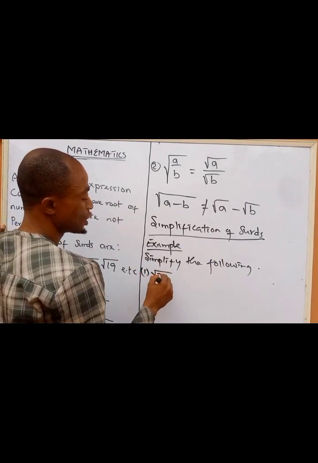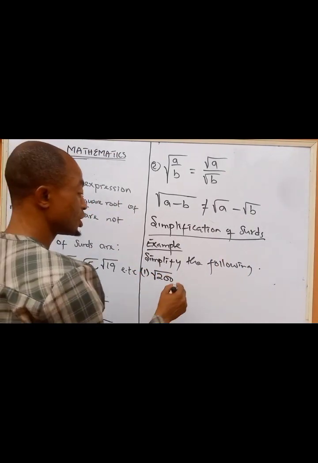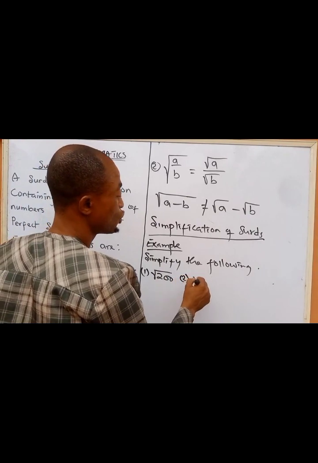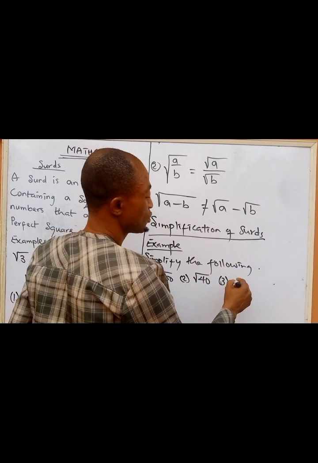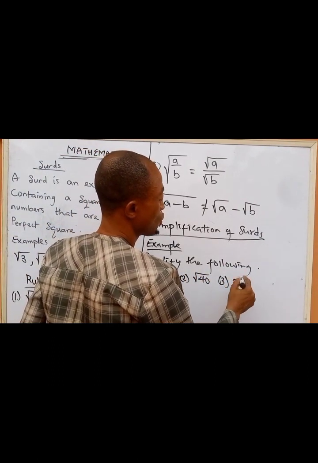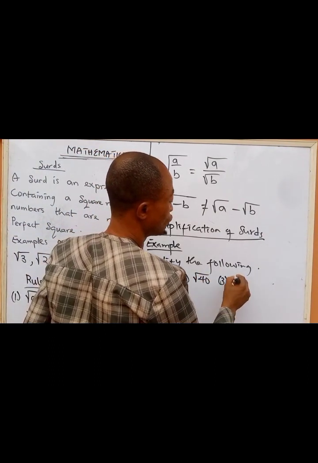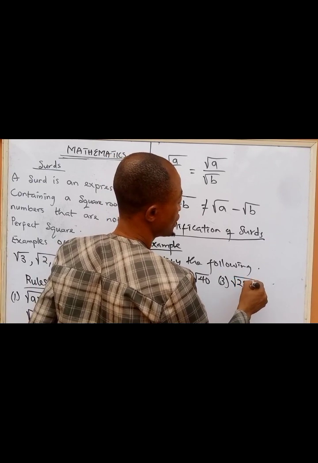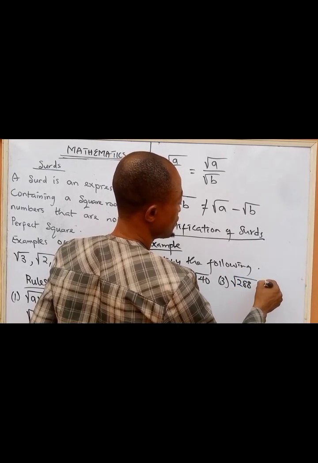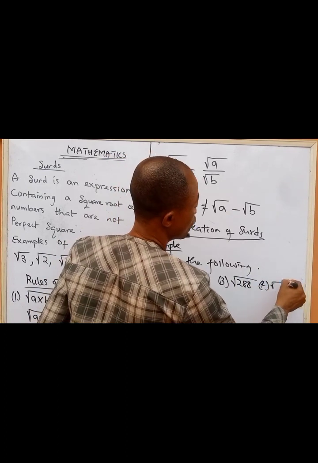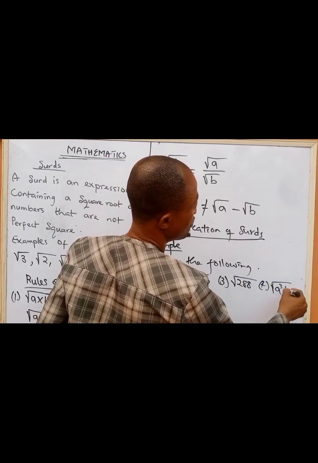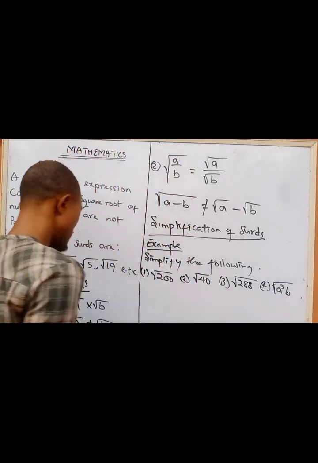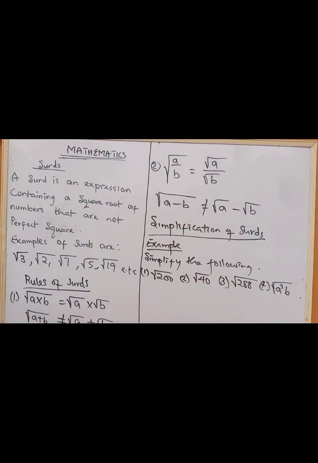Root 200. 2. Root 40. 3. Root of 288. 4. Root of a to the power of 3, then b. Let's look at how to simplify this.